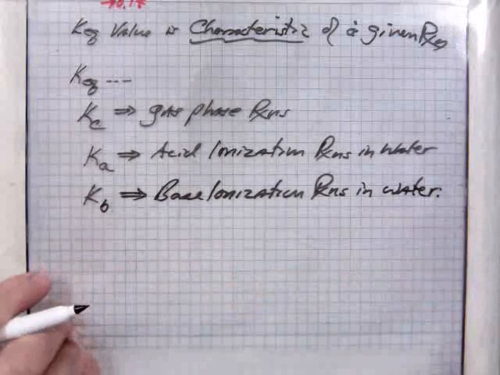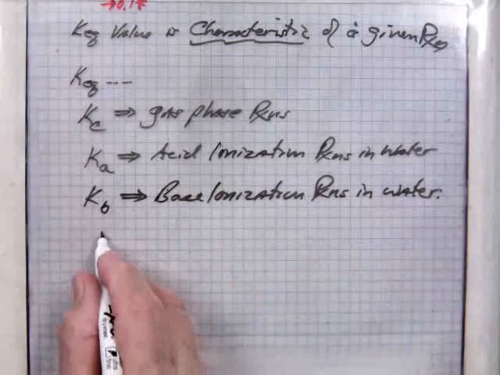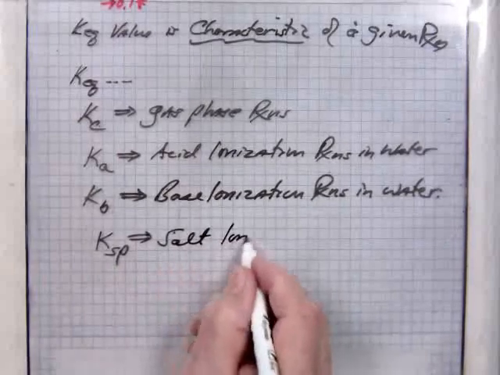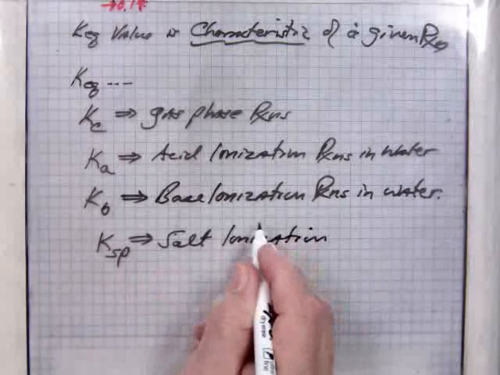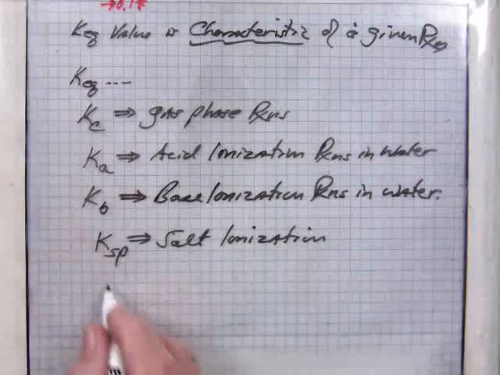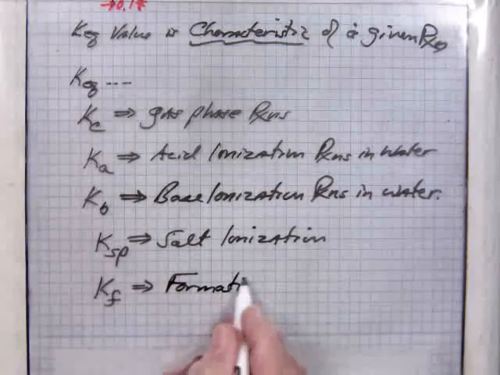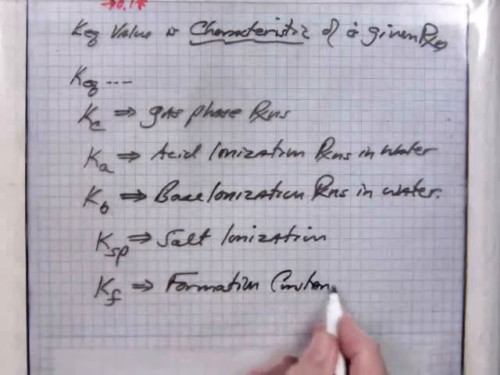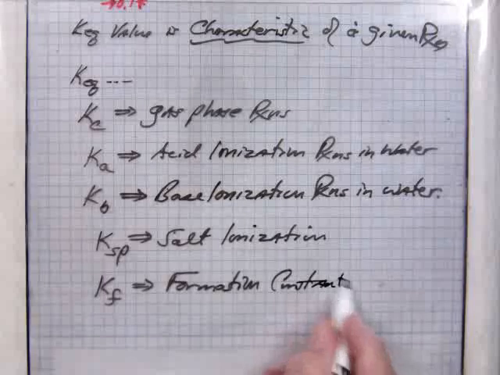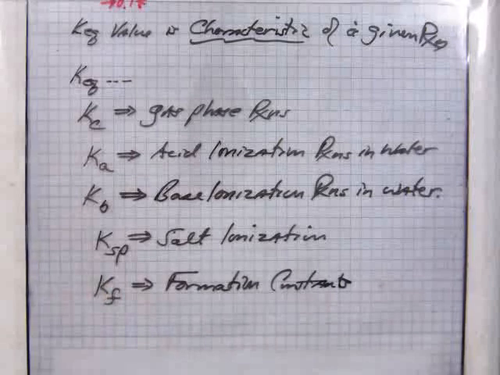Then you have the ability of salts to deliver ionization into water, and that's called a solubility product constant, Ksp. Then you have some that are K values for what we call formation, called Kf, formation constants. They all are size oriented, but this one more so than others.